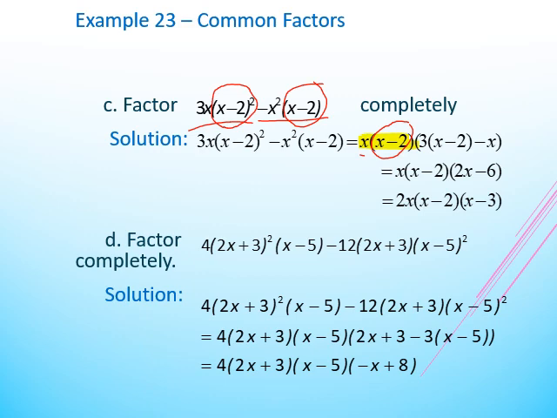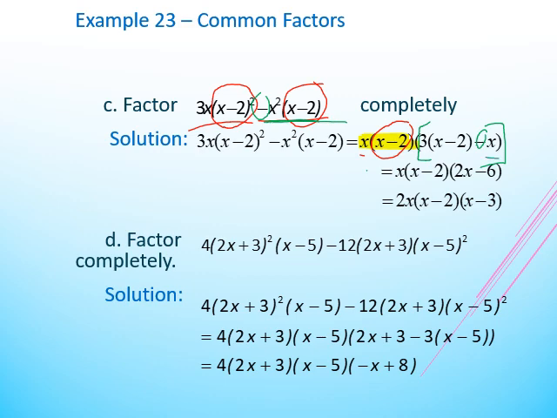We will open brackets for the rest of our expression. From the first term, the rest is 3 times (x minus 2), with the negative sign for the requirement. From the second term, with the common factor x times (x minus 2), the rest is x.